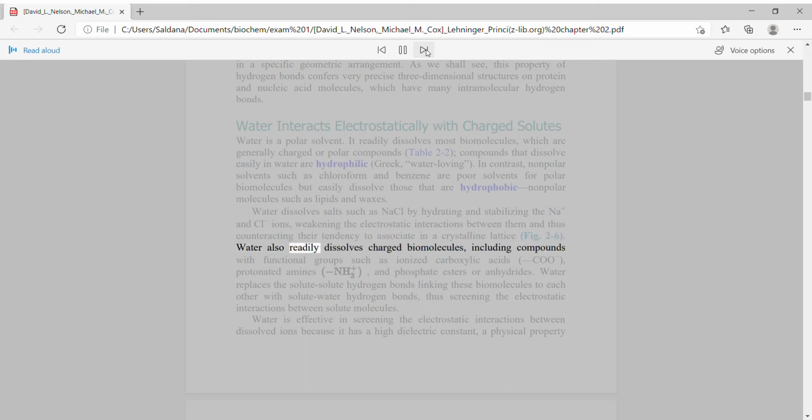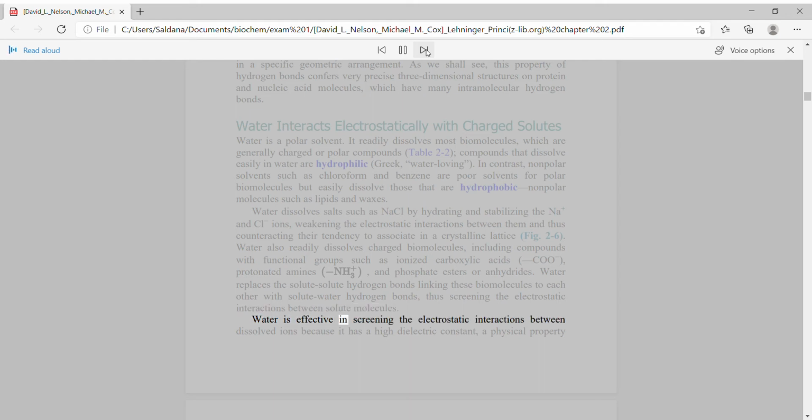Water also readily dissolves charged biomolecules, including compounds with functional groups such as ionized carboxylic acids, protonated amines, and phosphate esters or anhydrides. Water replaces the solute-solute hydrogen bonds linking these biomolecules to each other with solute-water hydrogen bonds, thus screening the electrostatic interactions between solute molecules.